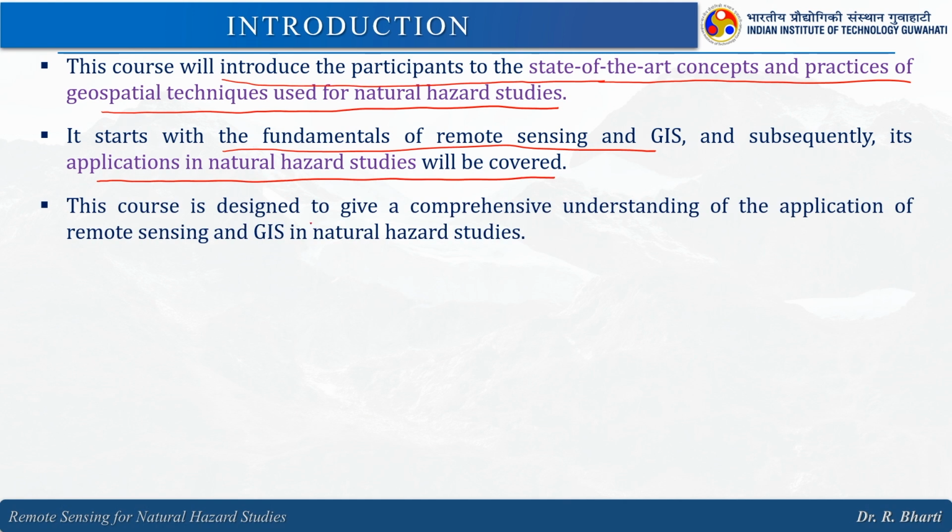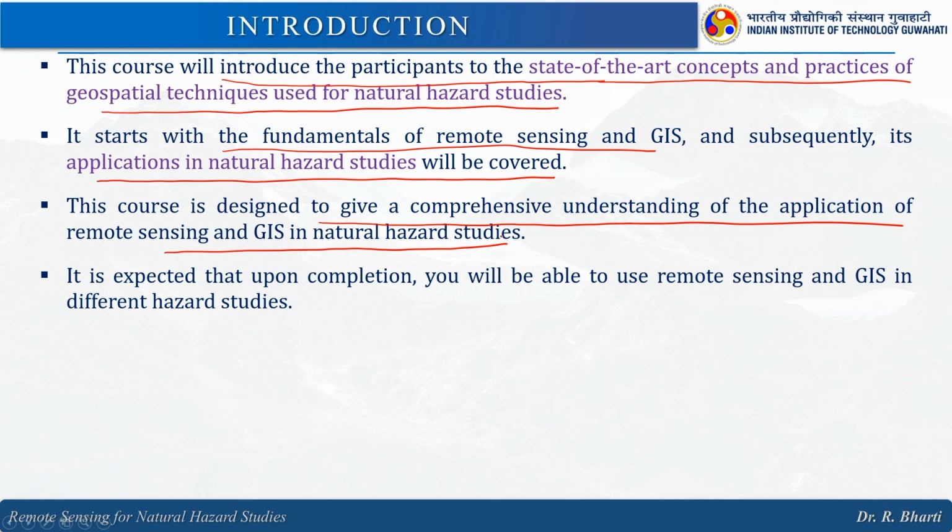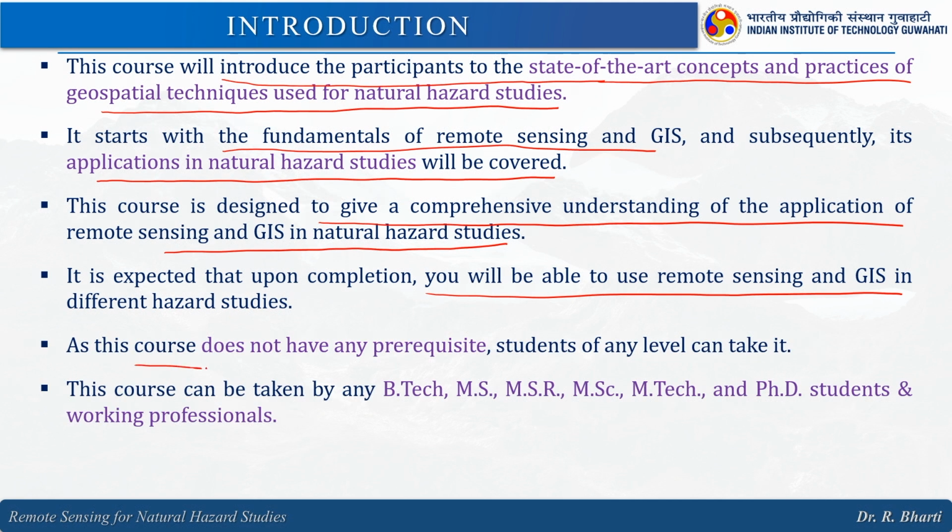This course is designed to give a comprehensive understanding of the application of remote sensing and GIS in natural hazard studies, and it is expected that upon completion you will be able to use remote sensing and GIS in your hazard studies. As this course does not have any prerequisite, students of any level can take this course.